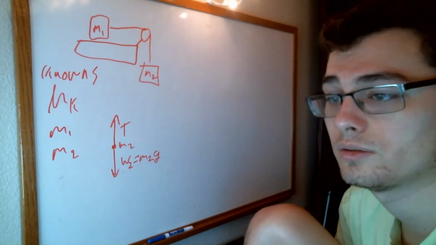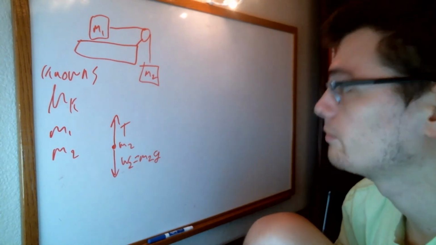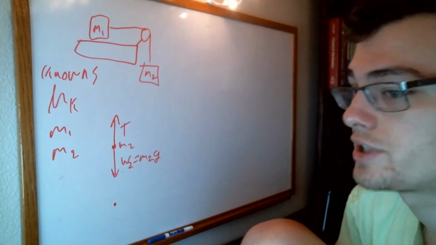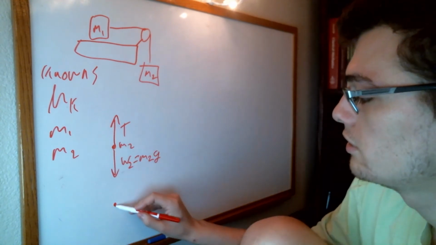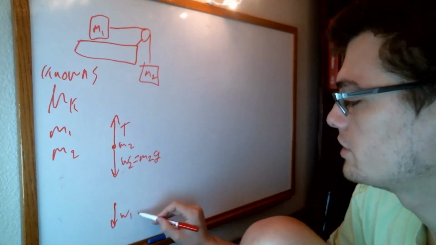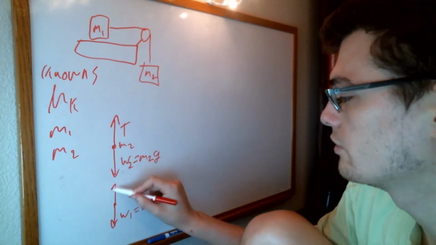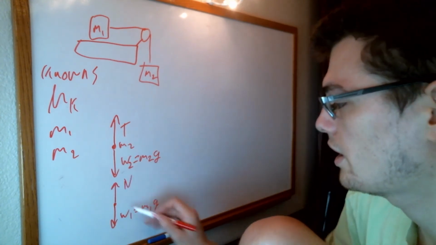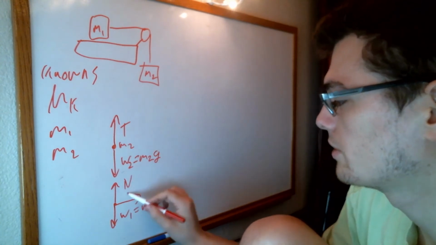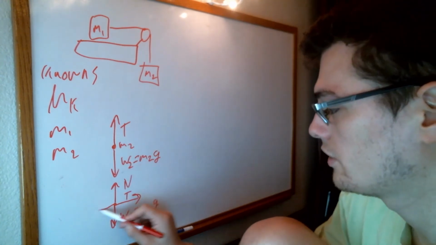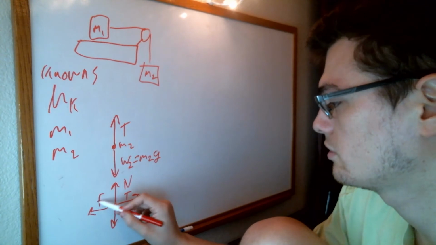And so now we have to do the same thing, but for the other block. So we just have this block here. We have W1 is equal to M1G. We have the normal force here. And then here we have T. And then on this side we have friction.